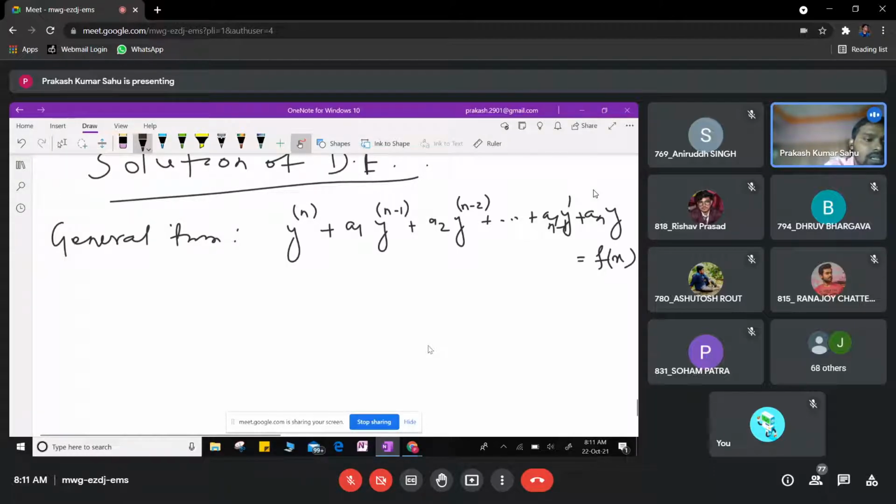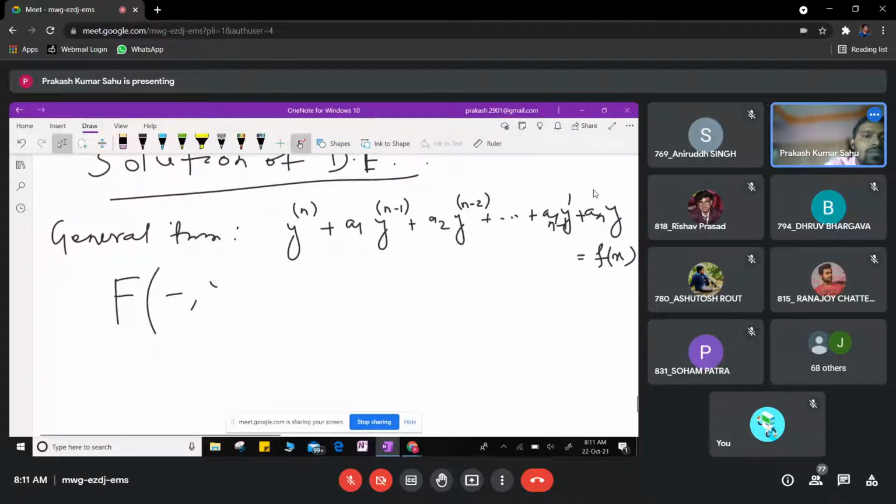I can say this is small f of x, y, y dash, up to y^(n) is equal to 0.